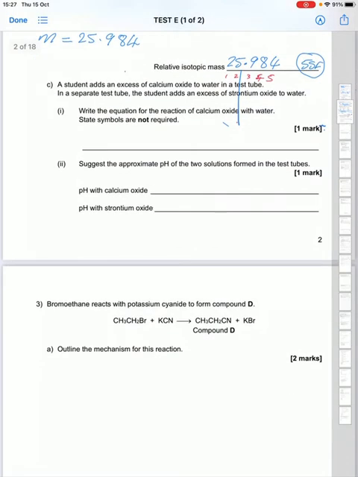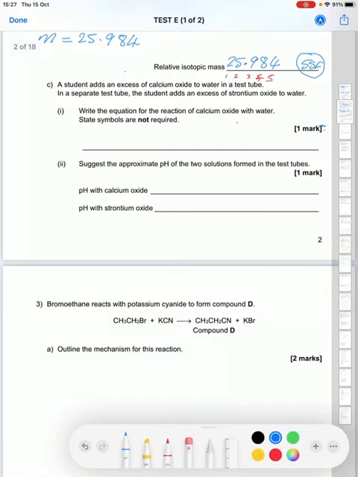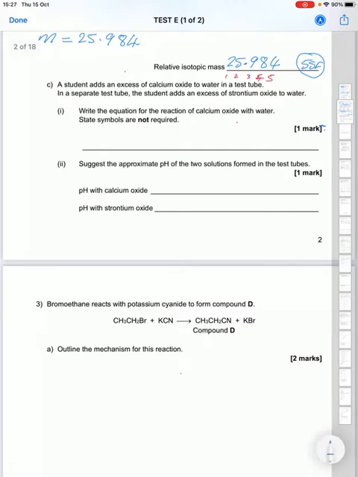Next one. So C, we have calcium oxide added to water and then strontium oxide added to water. What do we know about these? Well, we know that the calcium hydroxide is sparingly soluble. So write an equation for calcium oxide with water. So calcium oxide and water is going to form calcium hydroxide, which is that, and that's all balanced.